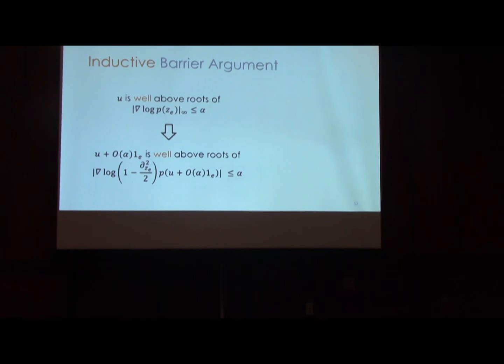So what I can in the end prove is that if this value is bounded by alpha, then the movement you need to have is bounded by O of alpha, so that after you do this movement, again the same condition holds, that you are well above the roots by the same measure. I think I'm running out of time, so I will skip the proof of this fact.